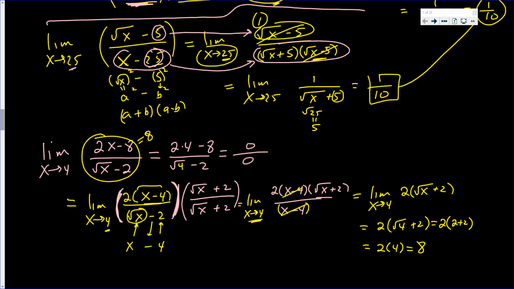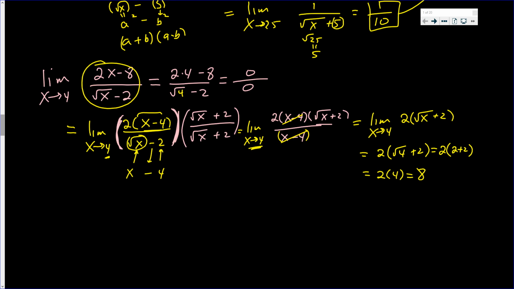If you ever want to check if you're right, pick a number close to 4, say 4.0001. So compute 2 times x minus 8 all over the square root of 4.0001 minus 2, and you will get amazingly close to 8.